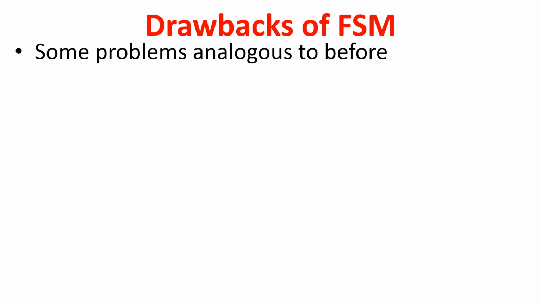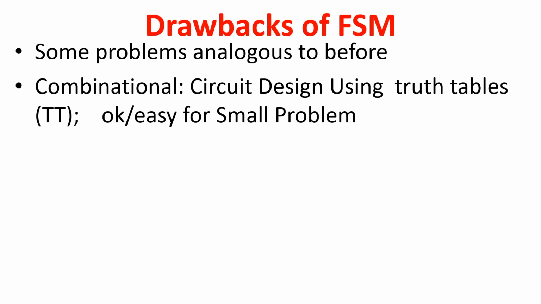It is analogous to conventional circuit design. Conventional circuit design using truth tables is okay and easy for small problems, but whenever the number of inputs and outputs grows, the truth table method is completely useless. It cannot handle it.